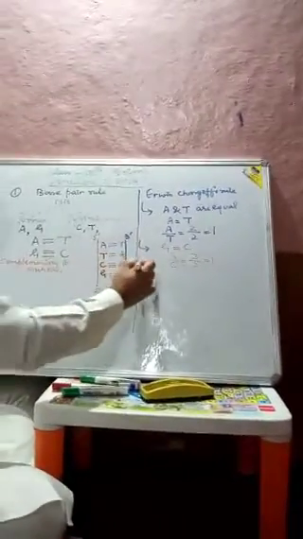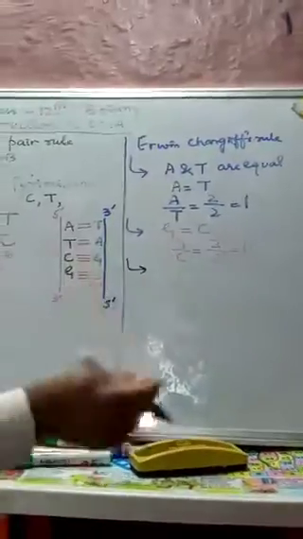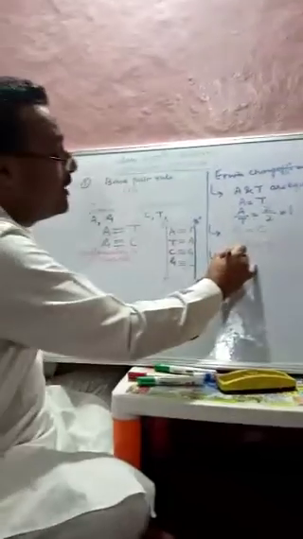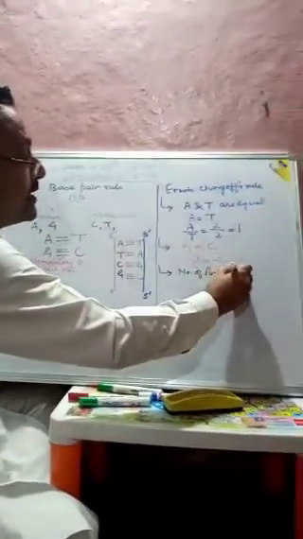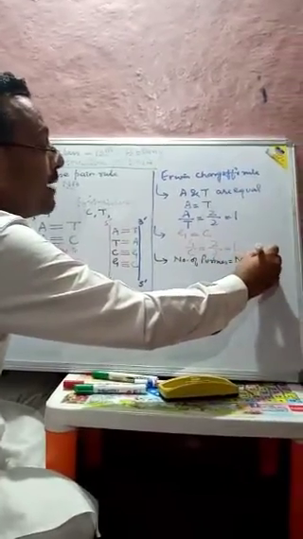Third, he said that the number of purines is equal to the number of pyrimidines.